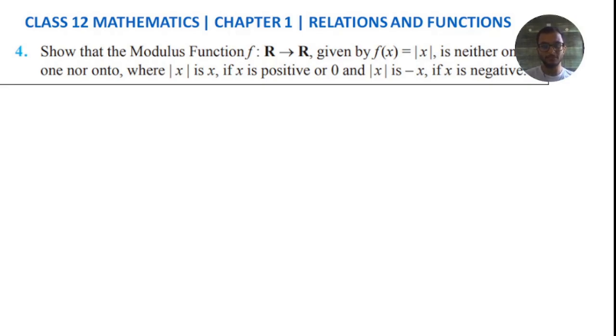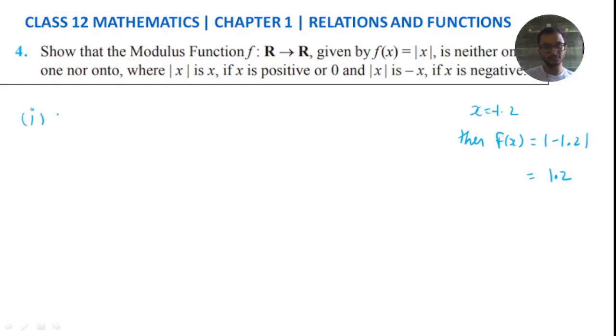That is, if I take x as minus 1.2, then f of x will be the positive value, that is 1.2. So this is how the modulus function is defined. It always takes the positive number. We have to show this is neither one-one nor onto.